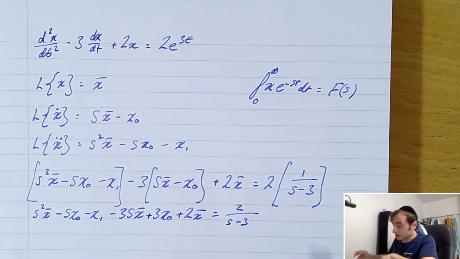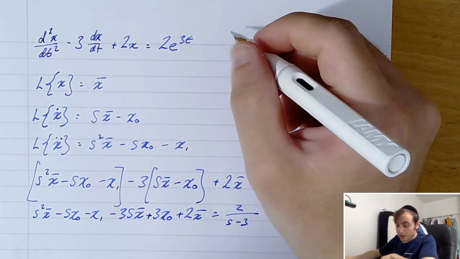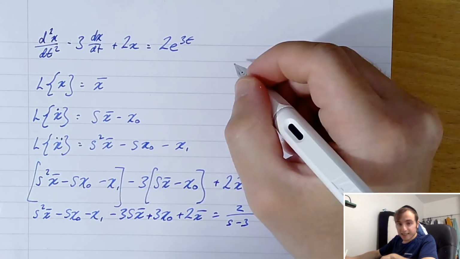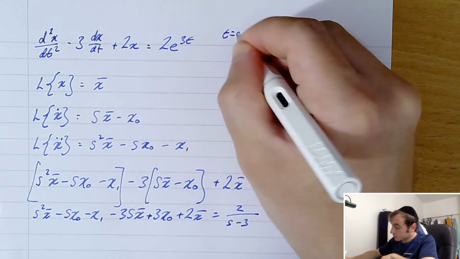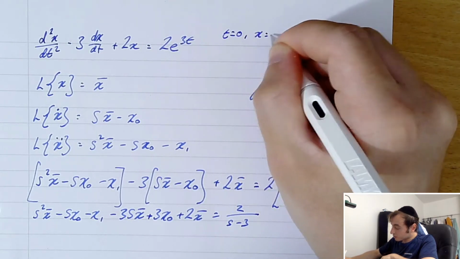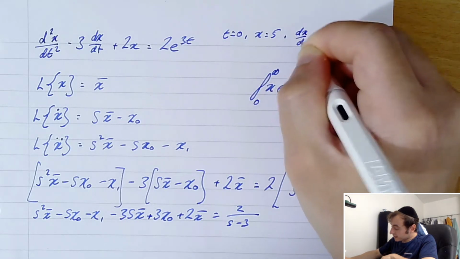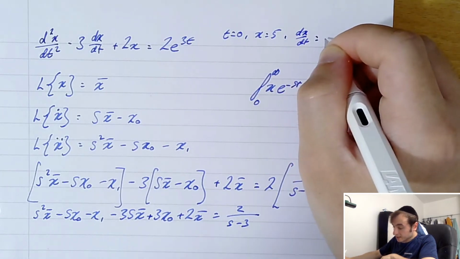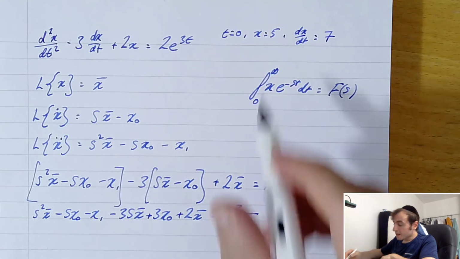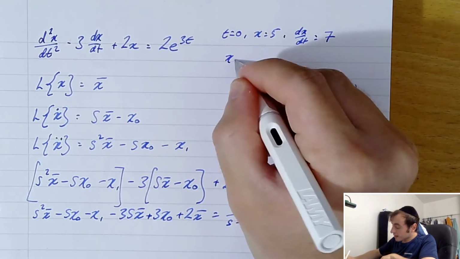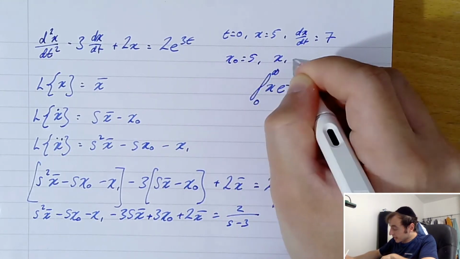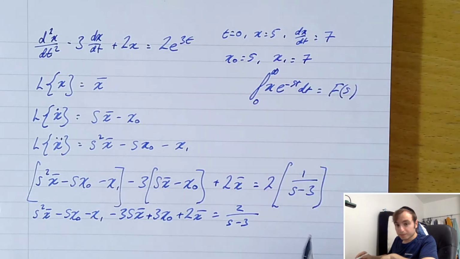Now, the one thing I forgot to do was mention what the initial conditions are. The question actually says over here, when t equals 0, x equals 5 and dx by dt equals 7. So we can say that x naught equals 5 and x1 equals 7.